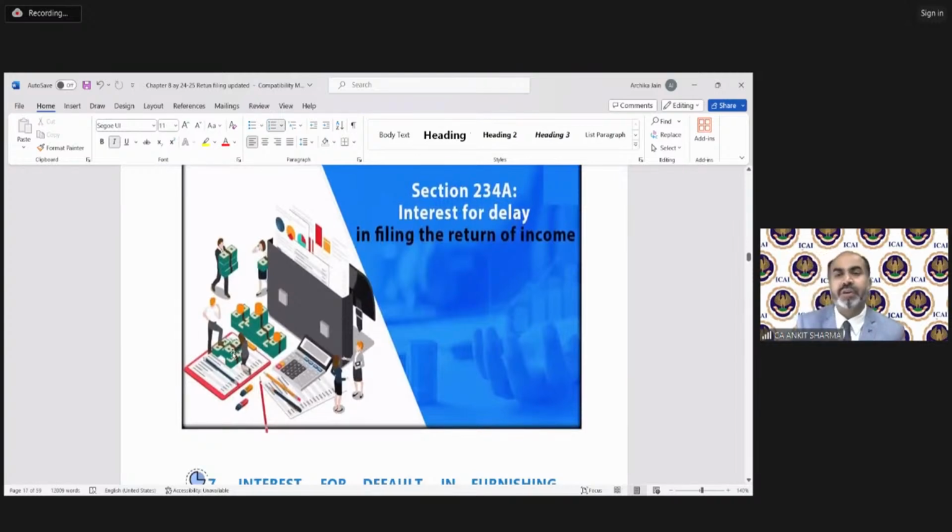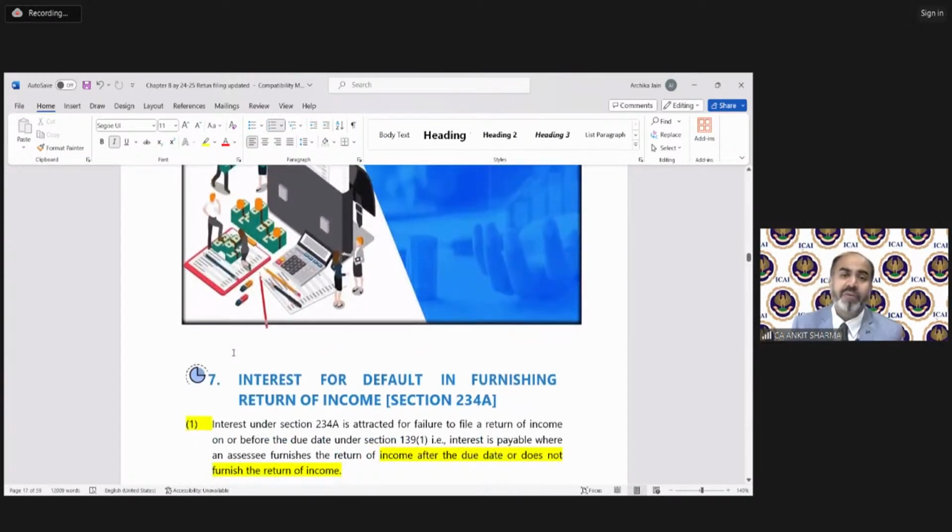Now section 234A, that is interest for delay in filing the return of income. So the due date for filing of return is 31st of July or October or November. I've told you, there is no interest, no penalty regarding filing of return if you file your return up to due date.